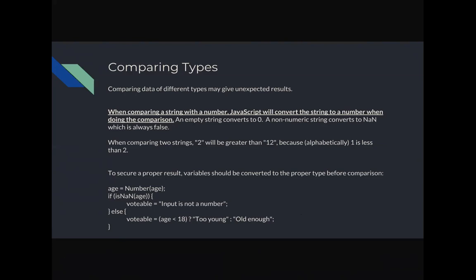And definitely something very recommended is converting to the proper type before doing something like this. There's a code example here. This is basic stuff, but it's important to note.